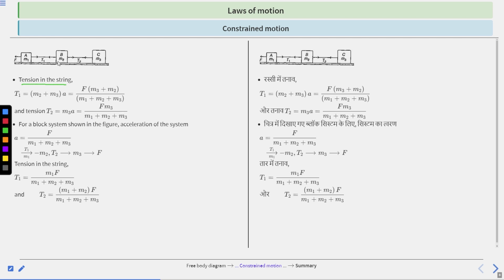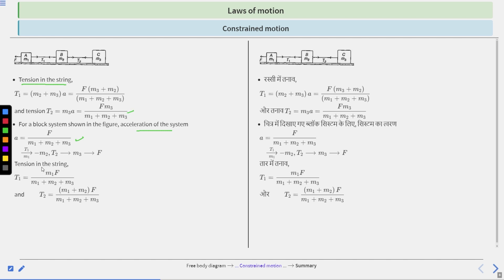This one. So for a block system shown in the figure, the acceleration A is equal to F divided by (m1 plus m2 plus m3). So here this tension T1 is acting towards B, and here this tension is acting towards A. So on that basis, this formula can be calculated.